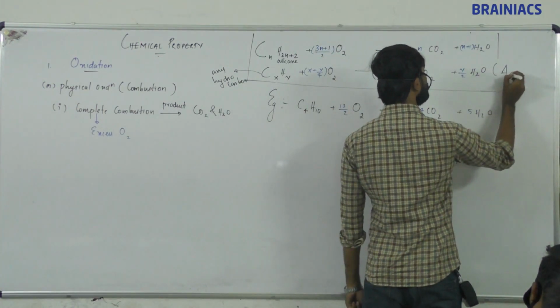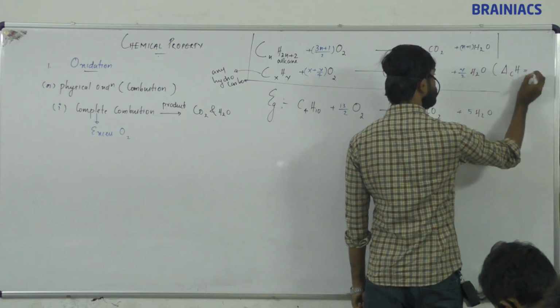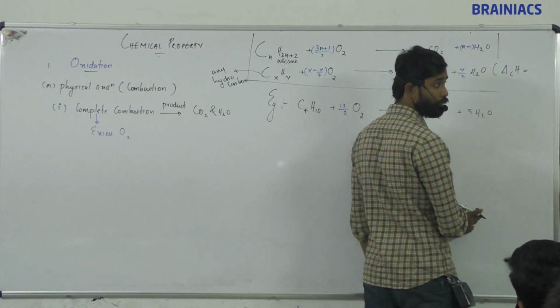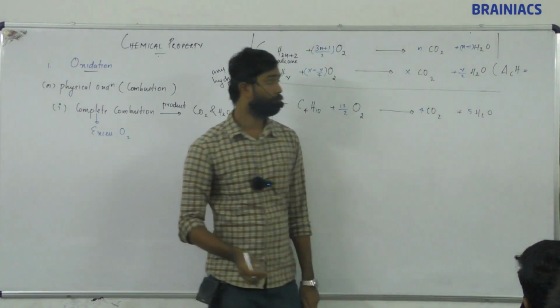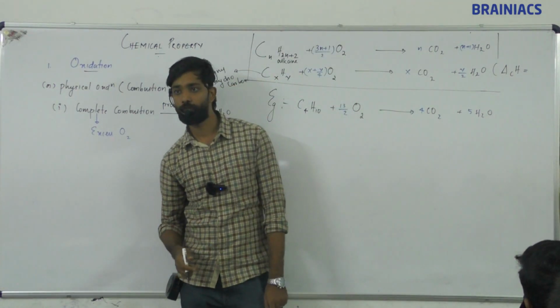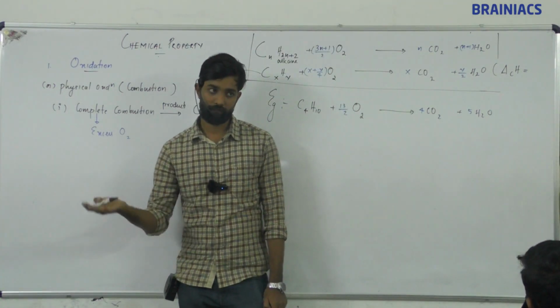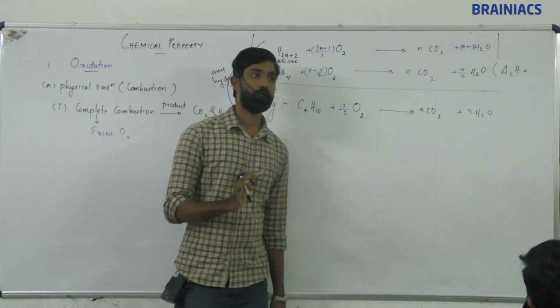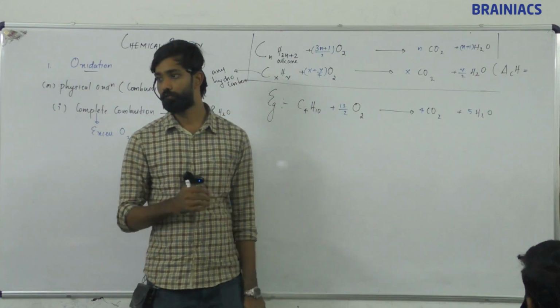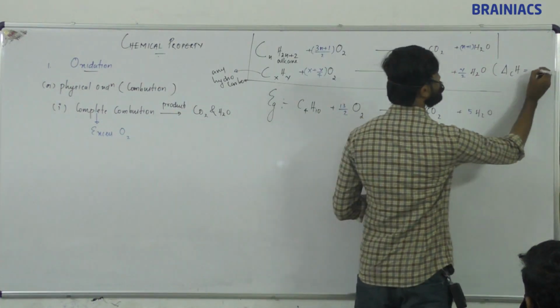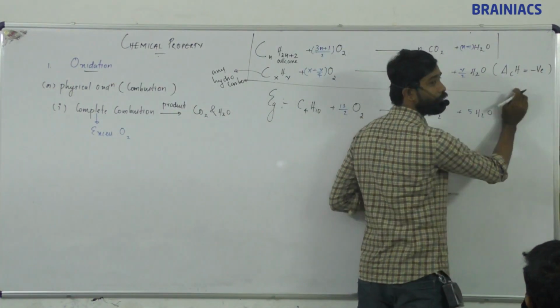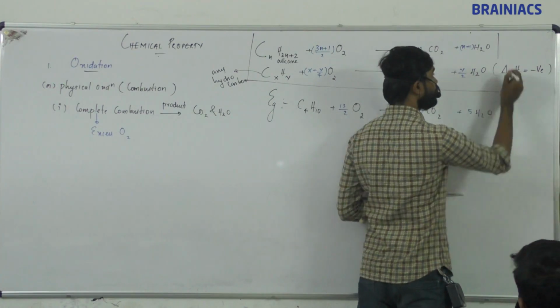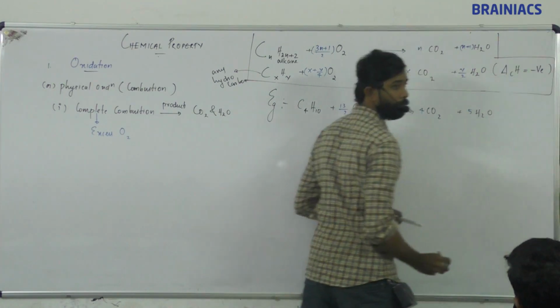When a hydrocarbon or alkane undergoes combustion, an amount of energy is released, called combustion enthalpy. Familiar from thermodynamics, it is the amount of energy released when 1 mole of a substance undergoes complete combustion with excess oxygen. So the energy released during this combustion is said to be combustion enthalpy.